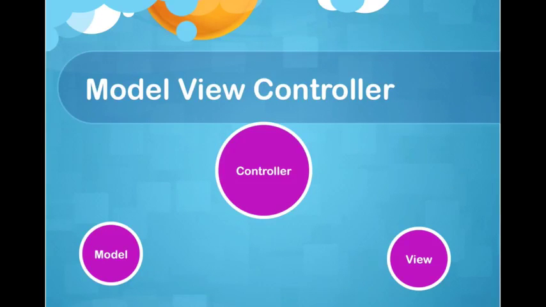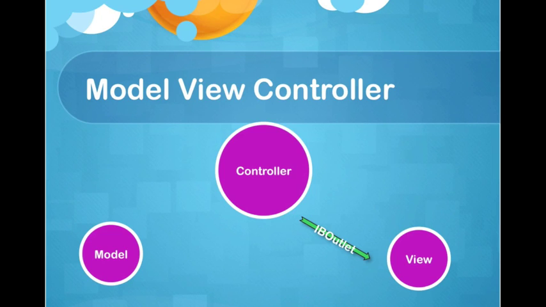Suppose that we want to communicate between controller and view, and controller wants to send a message to the view. We have to use IB outlet. If we remember from the previous tutorial, which was a converter app, we used IB outlet to send a message from controller to the view. So this is the legal way to communicate between controller and view.